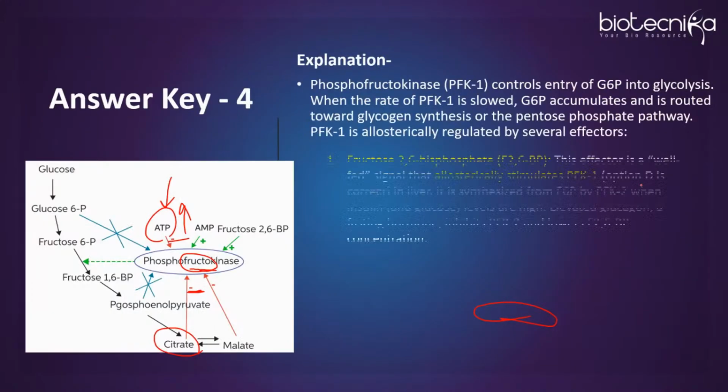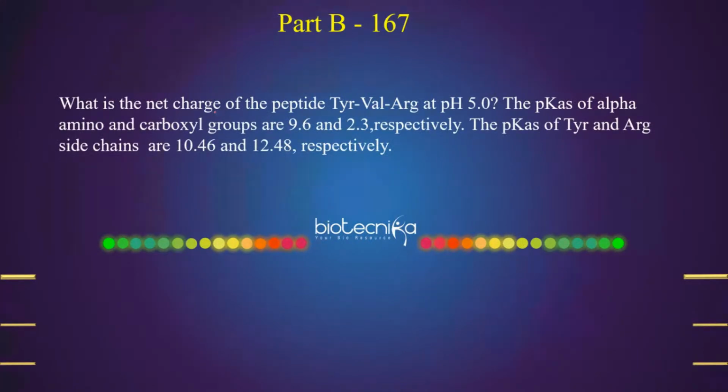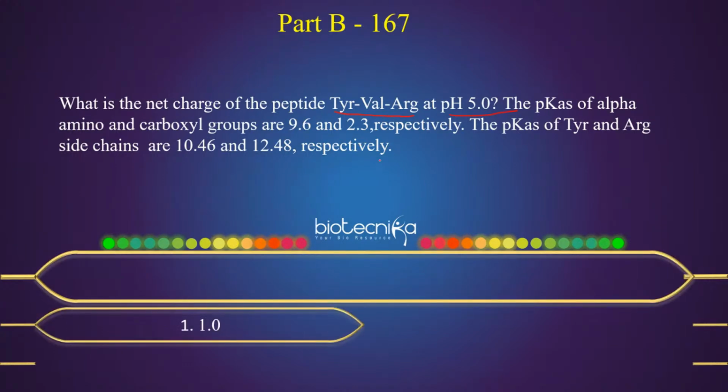Before I move into the next question: what is the net charge of the peptide tyrosine, valine, arginine at pH 5? Again, a pI calculation, a net charge calculation question. This was there in shift 1 also. In shift 2 also, it came in part B. Now they have given some pK values.